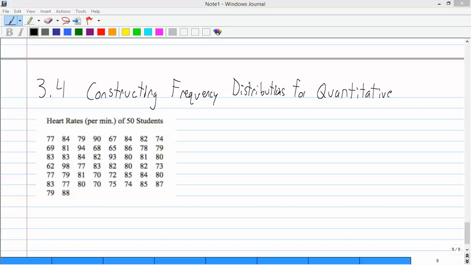Okay. After you do that, so we picked our number of classes, we're going to say our number of classes for this frequency distribution is going to equal 5.